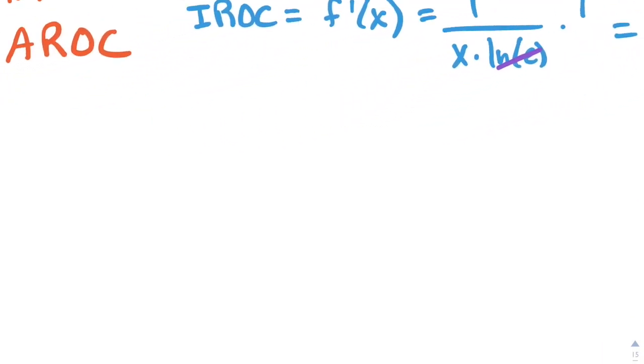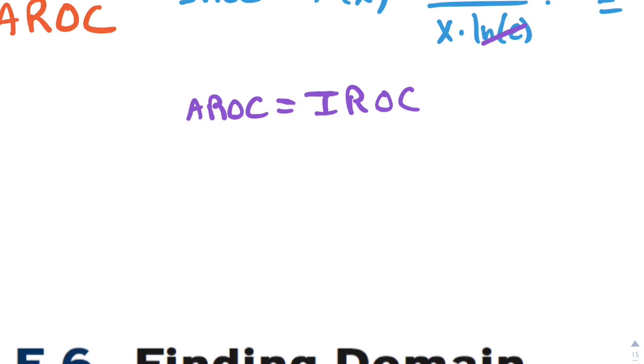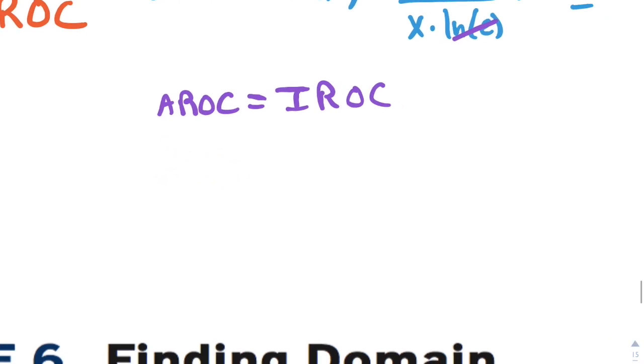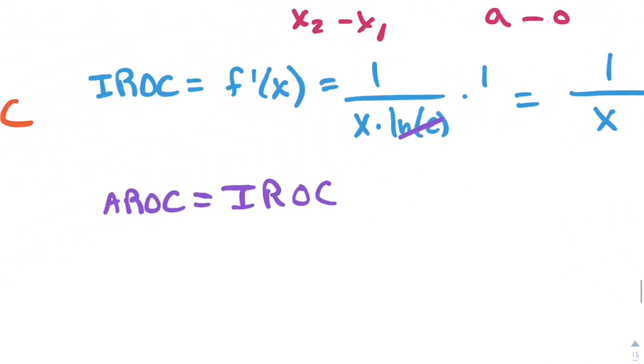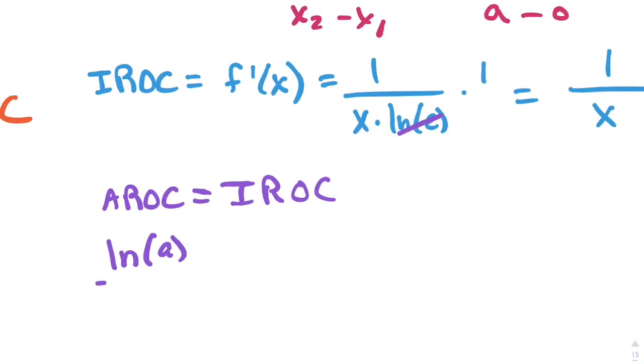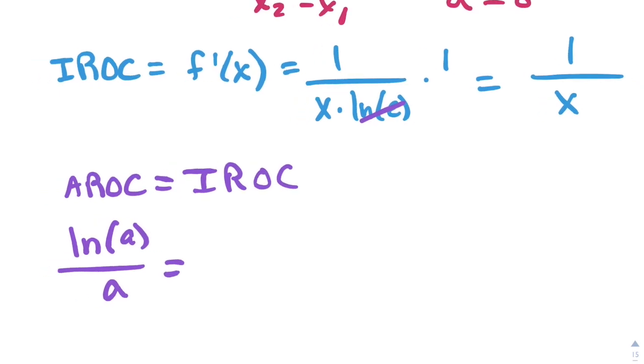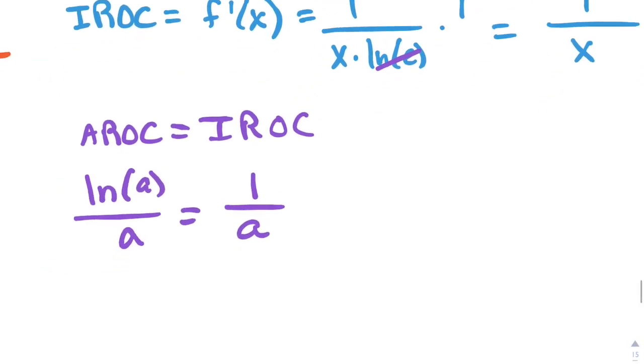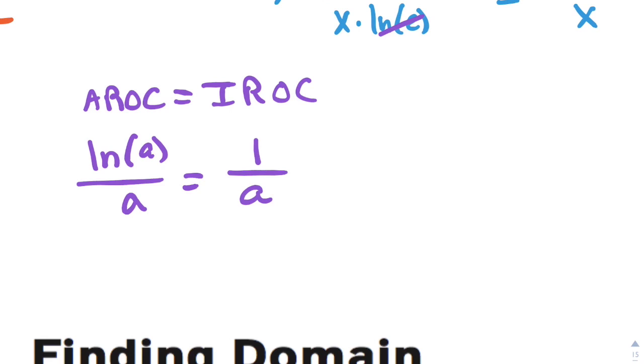So I need to set AROC and IROC equal to each other. AROC equals IROC. I'll say AROC is ln of a over a. That's equivalent to 1 over a. Well, if they're both over the same number, a, then that means that if the denominators equal each other, the numerators have to equal each other.